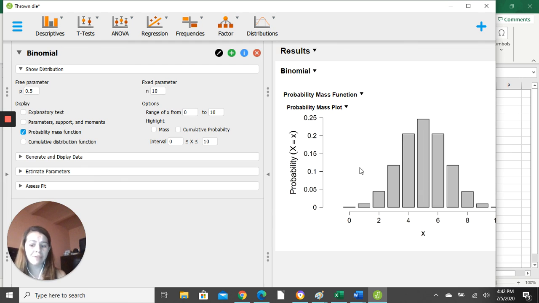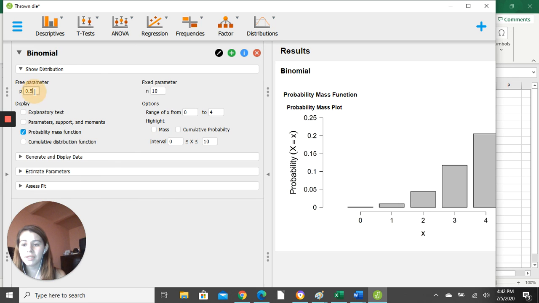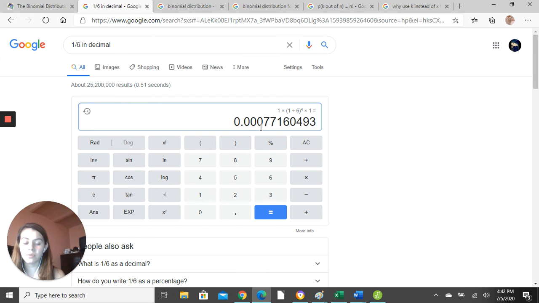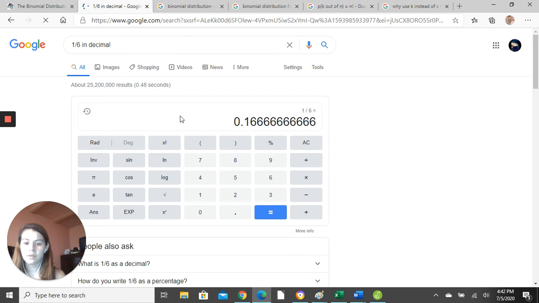And as you can see, that graph looks very odd. So since we only focused on finding 4, we're gonna press 4. And then the probability, we had 1 over 6, and we're gonna convert it to decimal, which is 0.116.